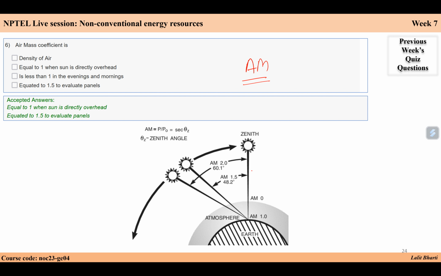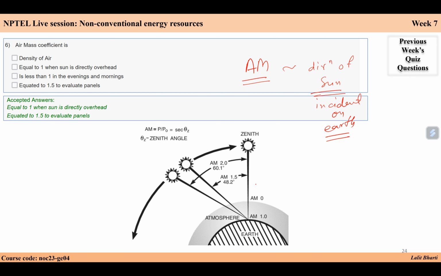It depends on the direction of the sun, like sunlight incident on Earth.